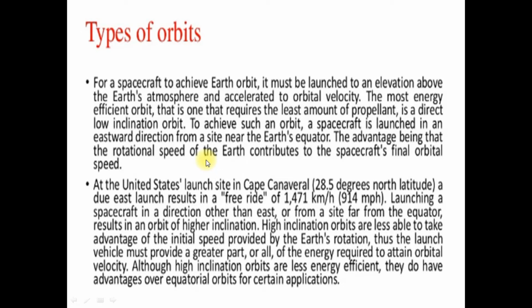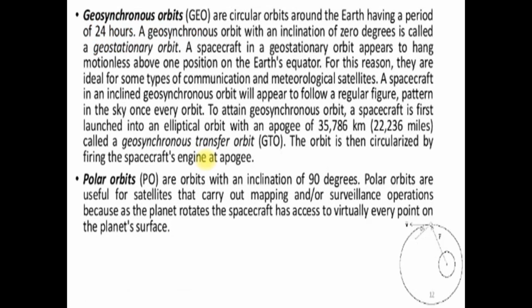Higher inclination orbits are less able to take advantage of the initial speed provided by the Earth's rotation. Thus, the launch vehicle must provide a greater part or all of the energy required to attain orbital velocity. Although high inclination orbits are less energy efficient, they do have advantages over equatorial orbits for certain applications.